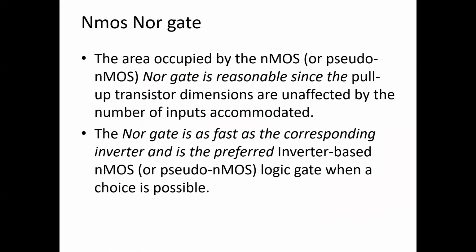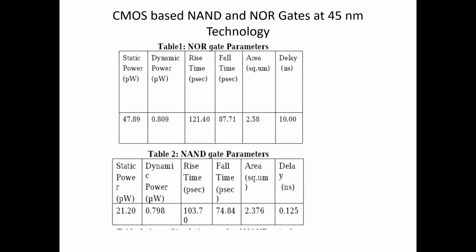Now, from some study, I just took the table to give a comparison for NOR and NAND gate. You see, in a NOR gate, the static power dissipation is more, whereas in a NAND gate, the static dissipation is less. And this is for a CMOS NAND gate. Ideally speaking, it should be 0, but here it is in terms of picowatt. So it is less here, and in the NAND gate, it is even less.